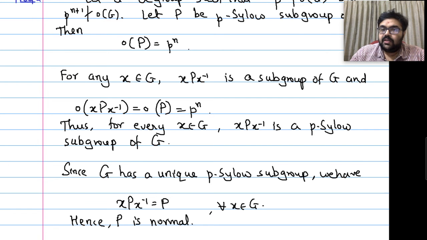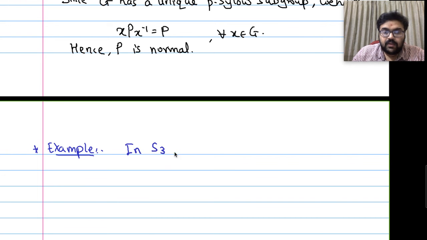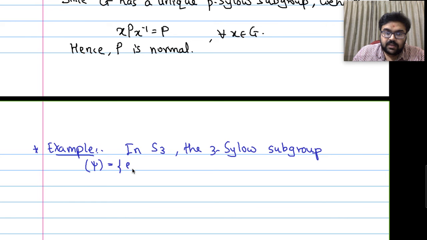As an example, we can consider S3. In S3, the 3-Sylow subgroup is unique. The 3-Sylow subgroup is generated by psi, which is {e, psi, psi square}. It is unique. There is only one subgroup of order 3 in S3.